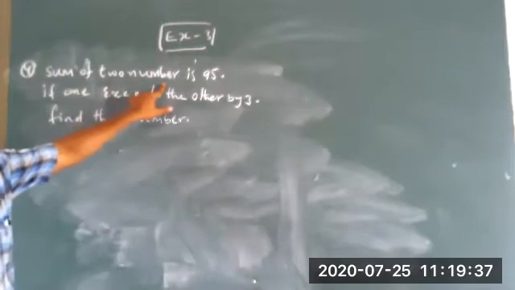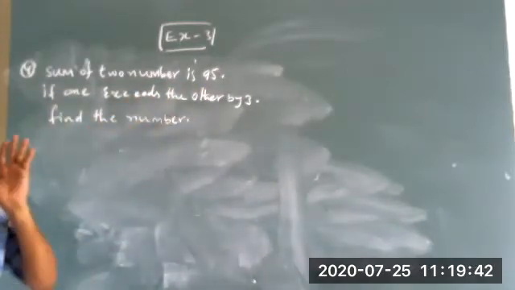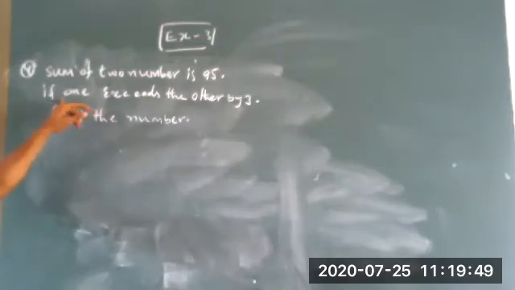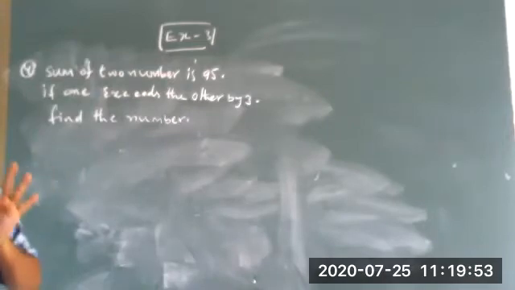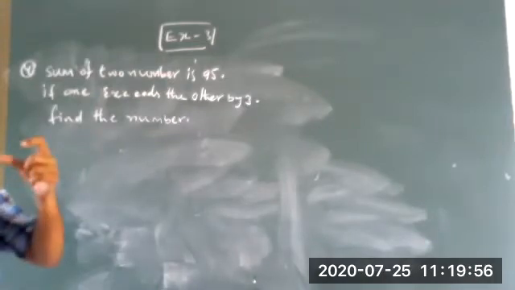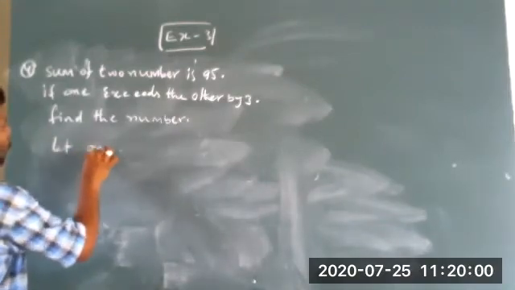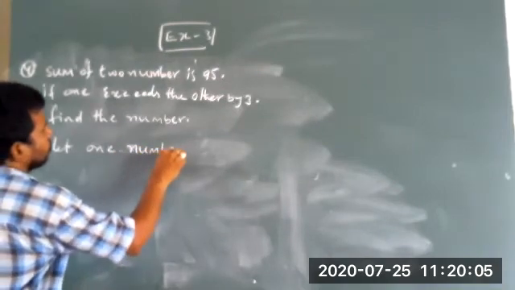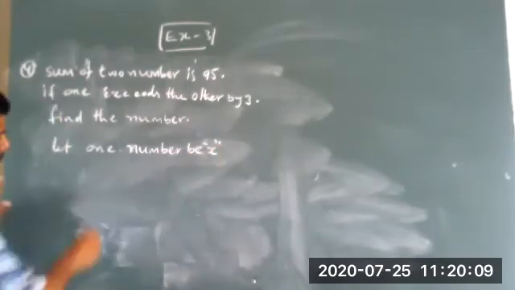Sum of two numbers equal to 95. In this problem, two numbers are there. The sum of those two numbers is equal to 95. But one condition is there here. The given condition: if one exceeds the other by 3. So let the first number be x. Other means the second number.